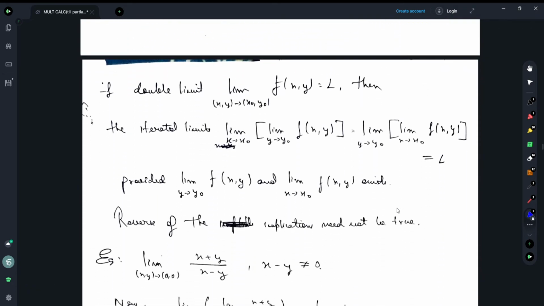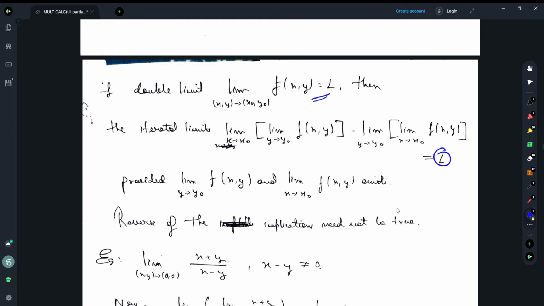Now see, if the double limit of f(x,y) as (x,y) tends to (x0,y0) is L, then the iterated limit, where f(x,y) approaches something first when y approaches y0 and then x approaches x0, is the same as the value towards which f(x,y) tends first as x tends to x0 and then y tends to y0, and both values come out to be L. What is the reason behind it?